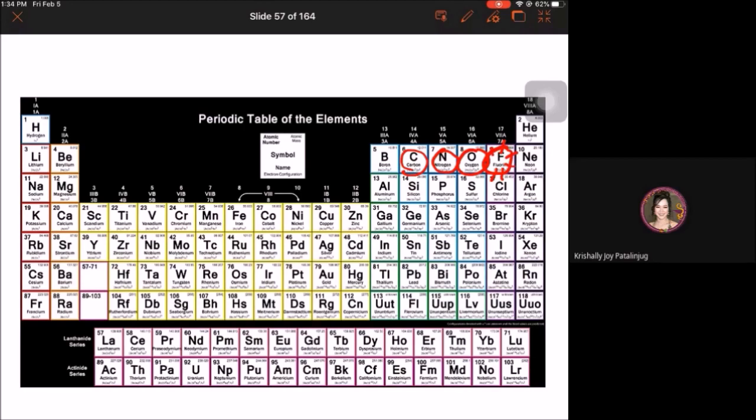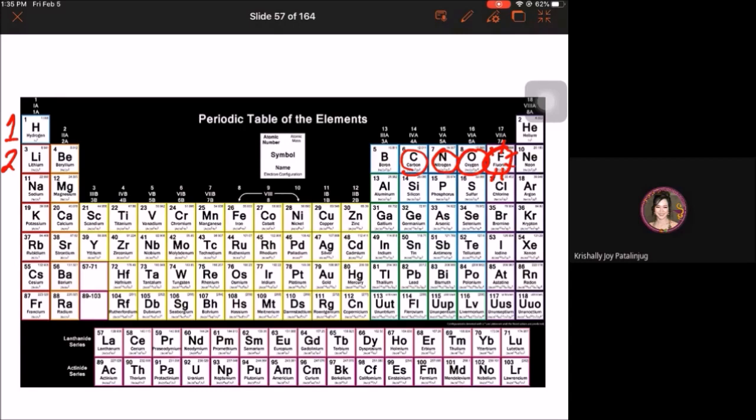But in the case of carbon, nitrogen, oxygen, as part of period 2, most of the central atoms found in the period 2 of the periodic table follow the octet. Ibig sabihin, if they become the central atom, dapat 8 electrons lang talaga yung surrounding electrons.